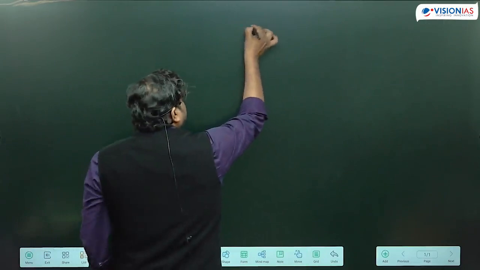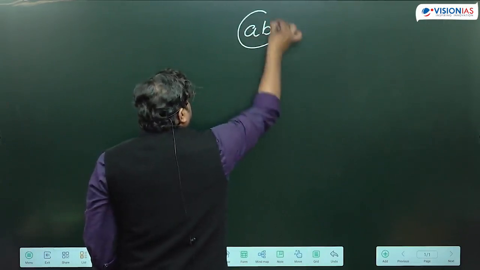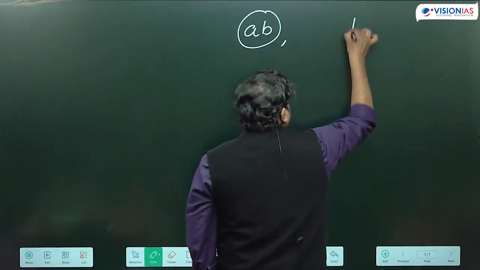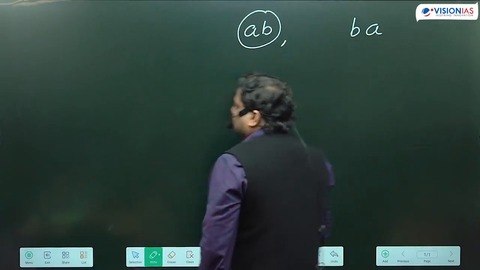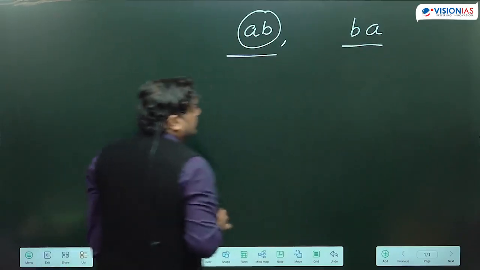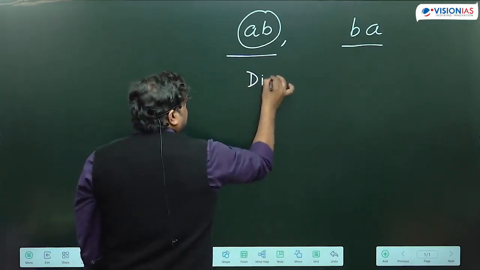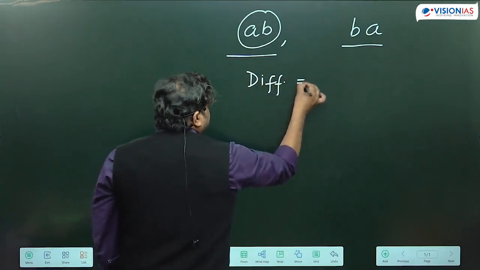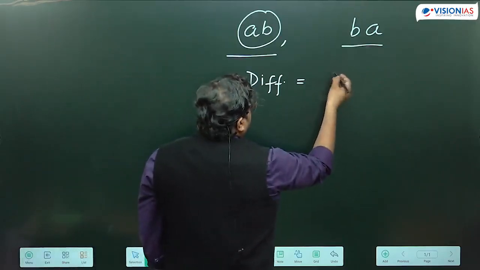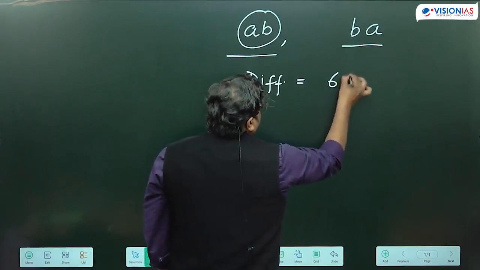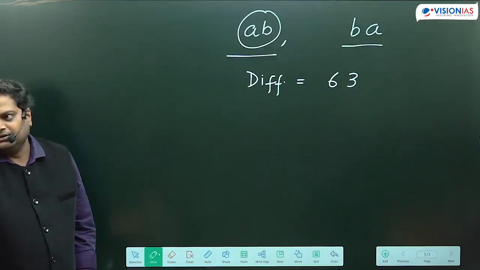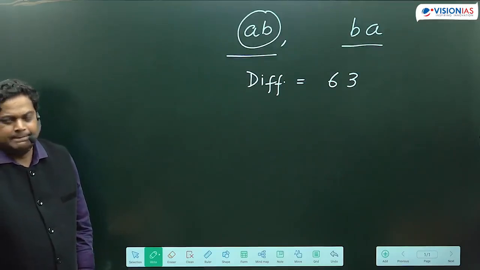If I take a 2-digit number AB, and if I reverse the digits to BA, and their difference is 63. Can it be? The difference can be 63 or not?